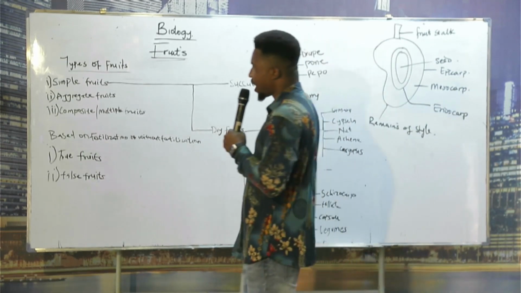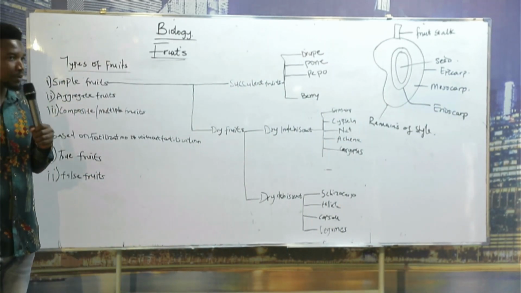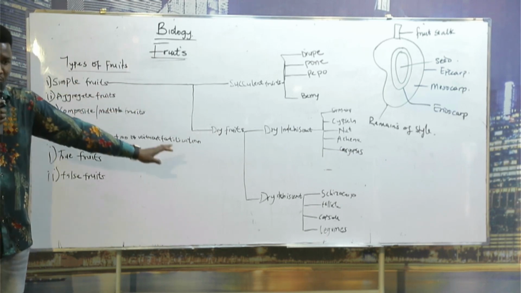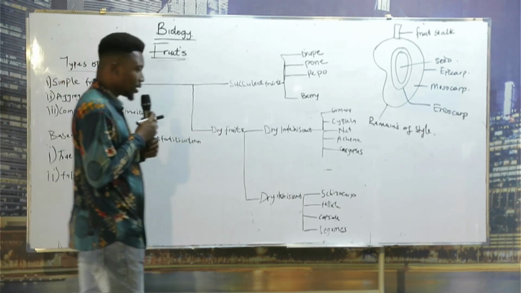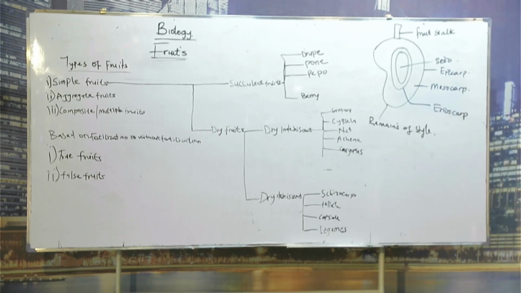There are 3 types of fruits, such as, then you list it out. A, simple fruits. B, aggregate fruits. C, composite fruits. So we are going to define all of them.